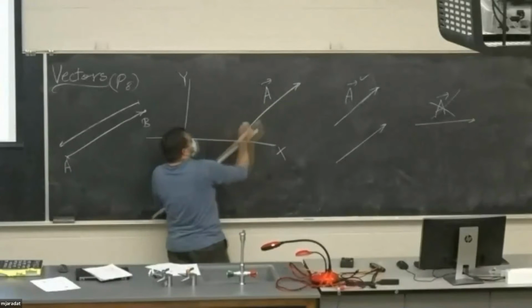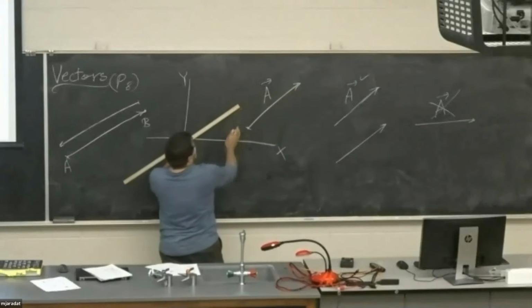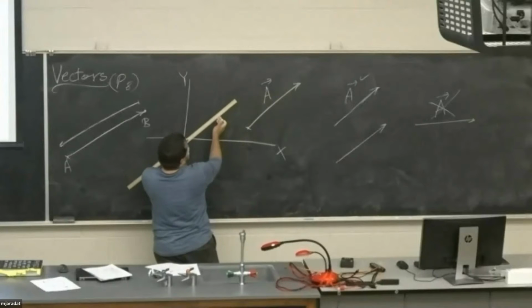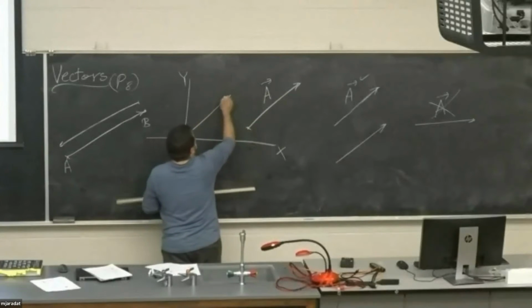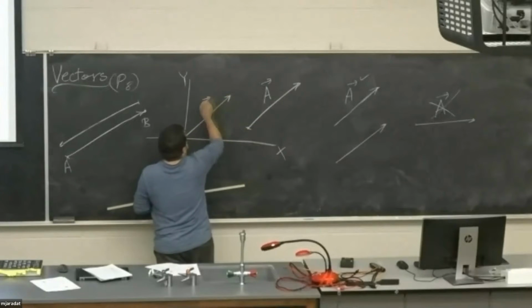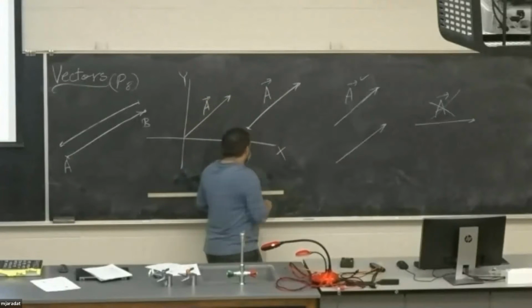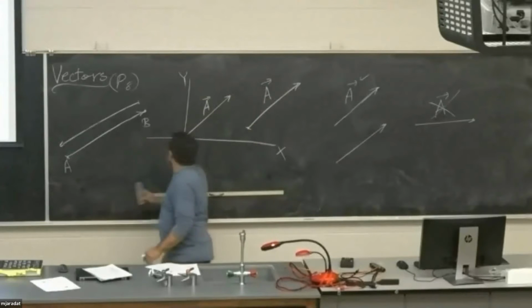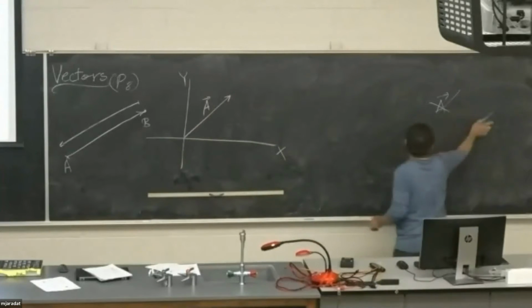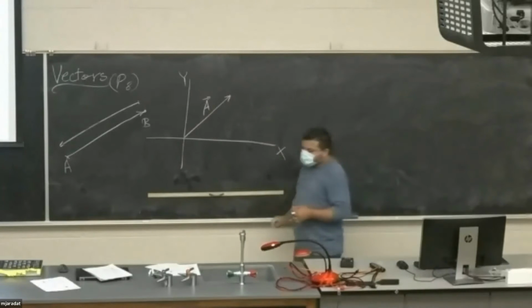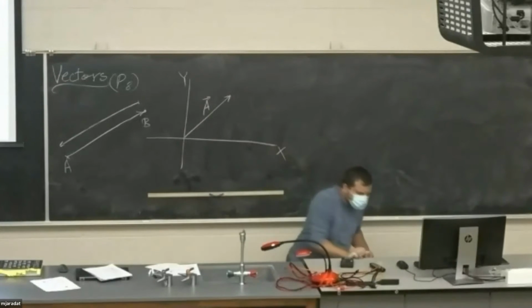I need to move it here. So this is my vector A. Tell me if I am wrong. Okay, this is A. Any question about this? Nothing.